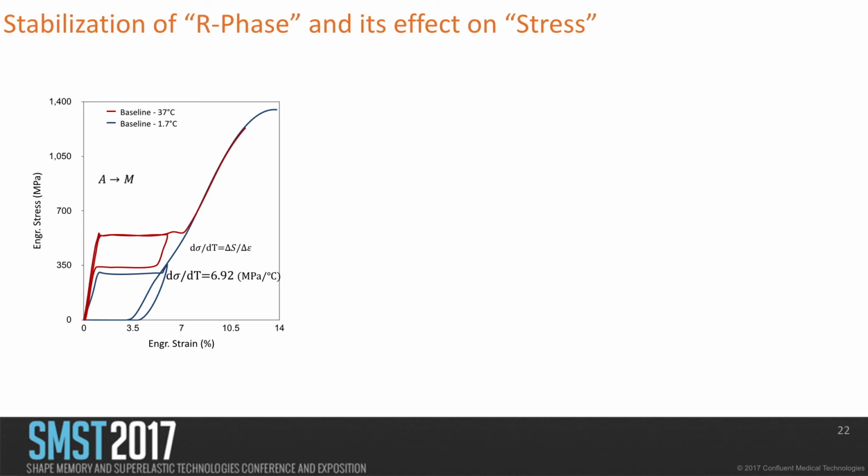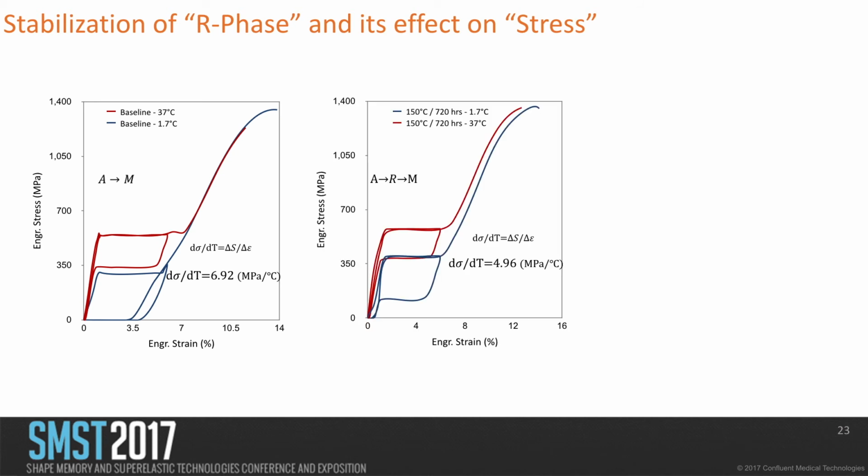In the case that we're stress-inducing Martensite from the austenite phase directly, the d sigma dt is about 6.97, let's say, max. But as the R phase becomes more and more stabilized at higher temperatures, the d sigma dt drops to about 5.